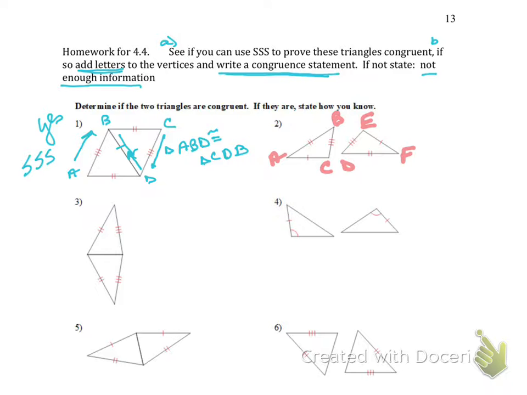Okay, so I'm going to go up the 2, down the 3. So triangle ABC, up the 2, down the 3, FDE. My little triangle symbol, and then establish congruency.